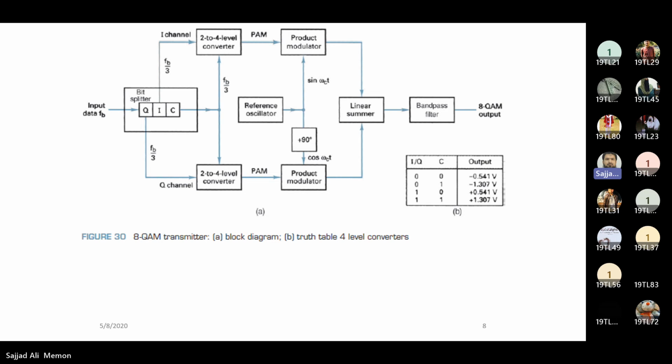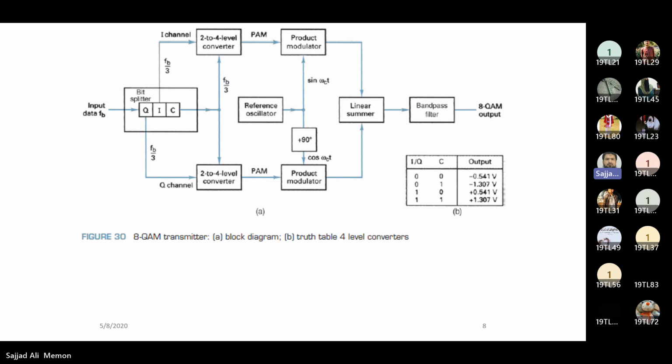So we have now 3 channels: Q, quadrature channel; I, in-phase channel; C, control channel. So the I channel will be converted in the first step, from a 2-to-4 level converter, because C will be there.